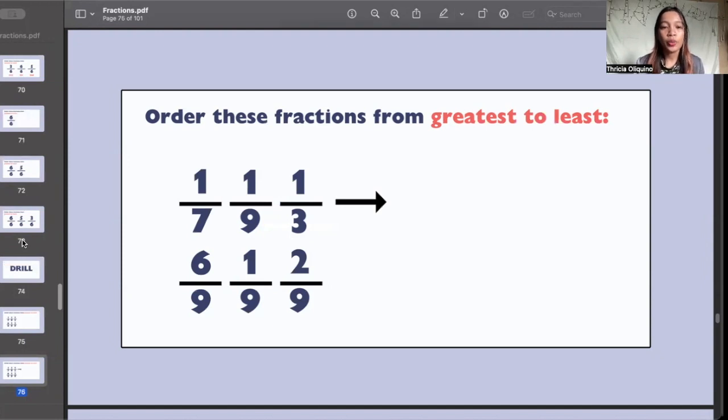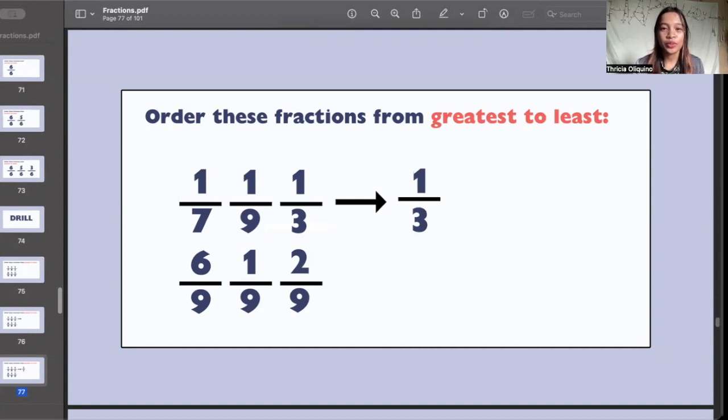Okay, for the first one, we have 1/7, 1/9, and 1/3, sorry. Which do you think is the greatest one, or the bigger fraction there? Yes, it's 1/3.